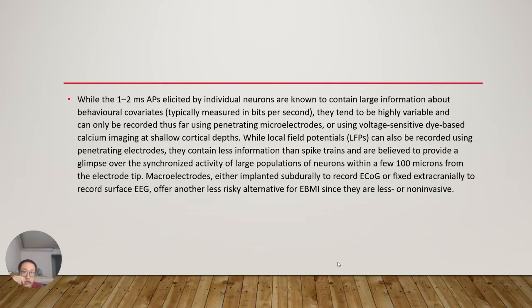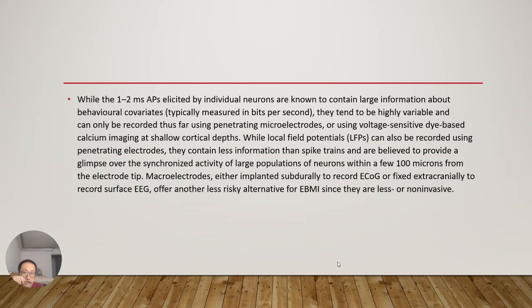covariates. They tend to be highly variable and can only be recorded thus far using penetrating microelectrodes or using voltage-sensitive dye-based calcium imaging at shallow cortical depths, while local field potentials can also be recorded using penetrating electrodes.